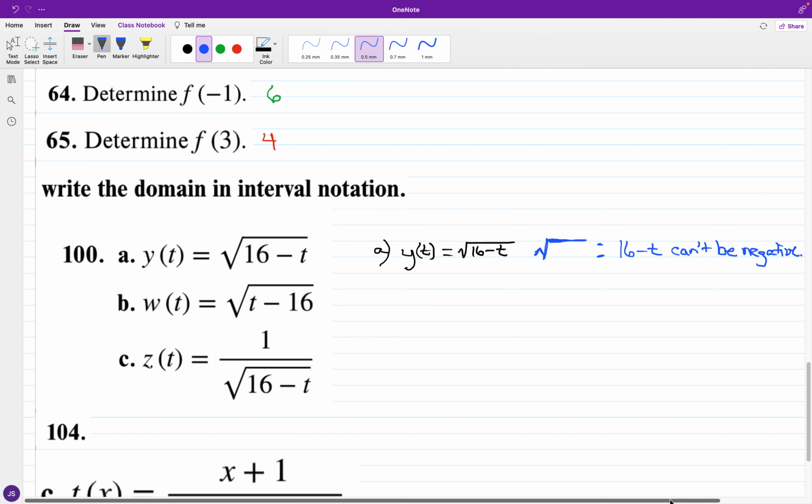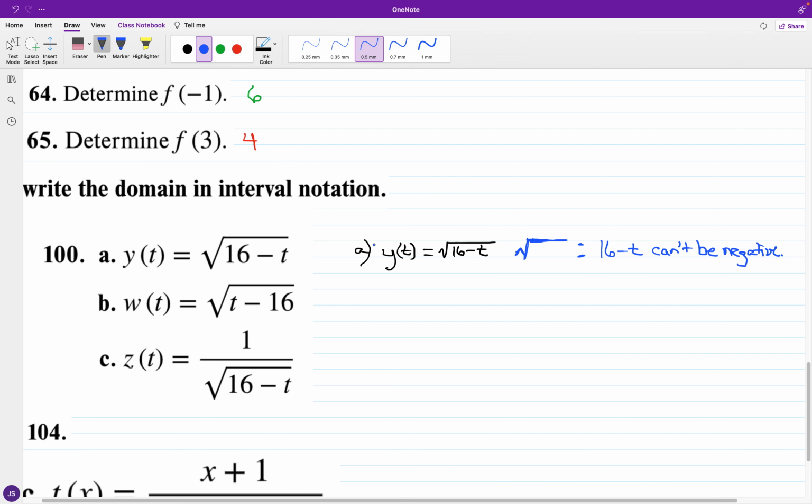It can be equal to 0 and it can be positive. If 16 minus t were negative, it would be 16 minus t is less than 0, but it cannot be negative. It can be 0 or positive. So the defining inequality is that 16 minus t is greater than or equal to 0.